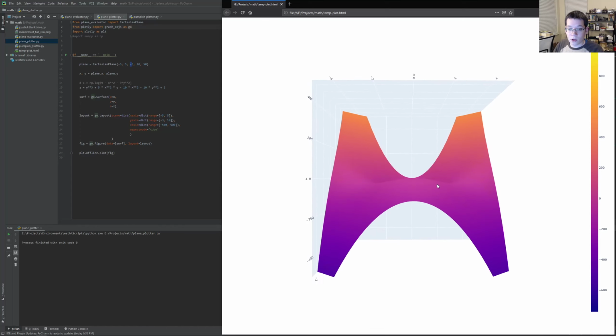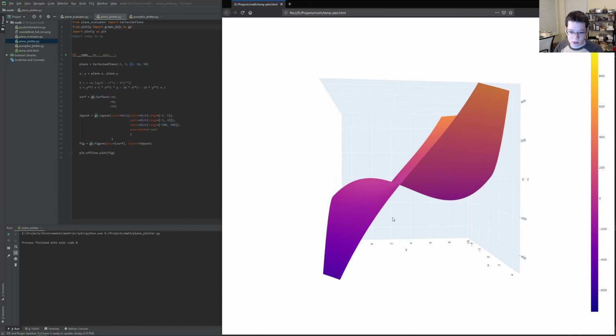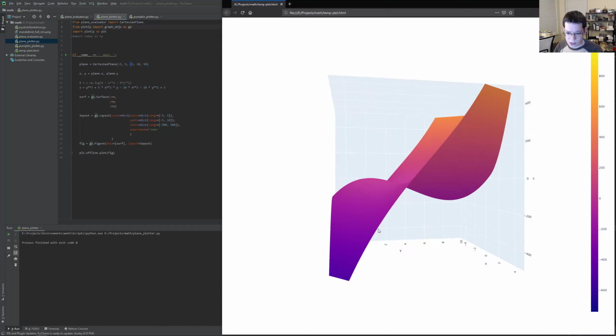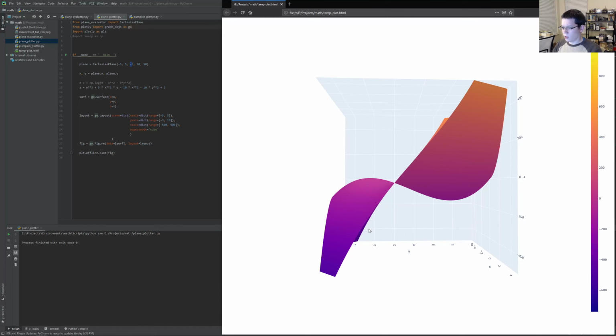Weird. When y is greater than 0, y is greater than 0.